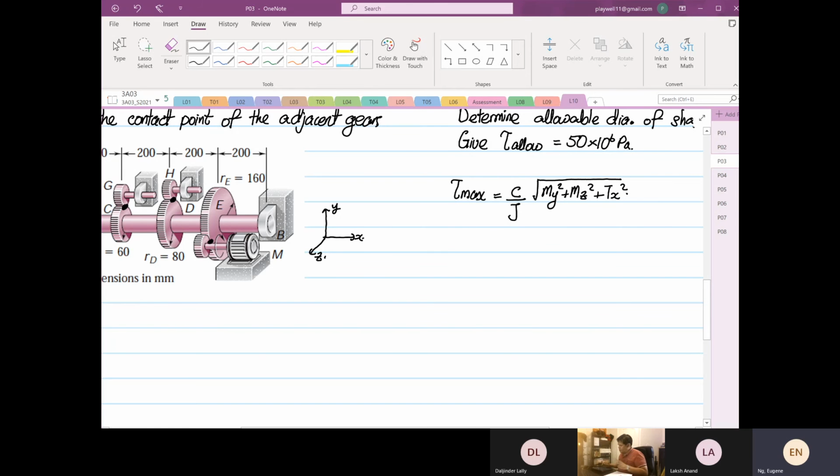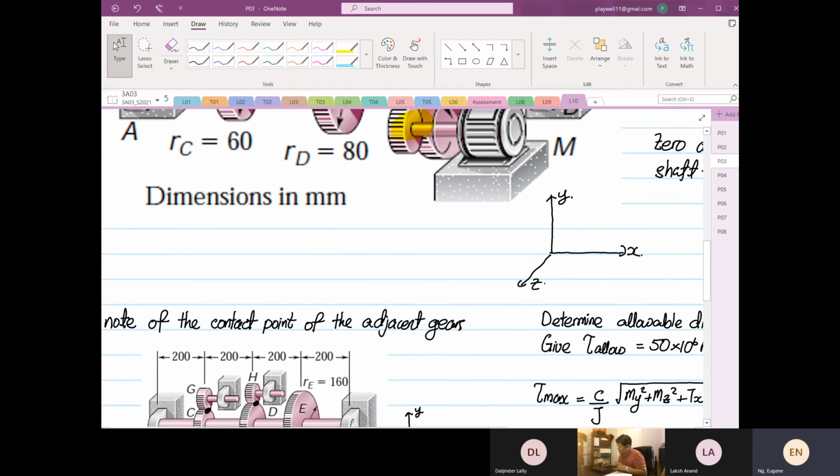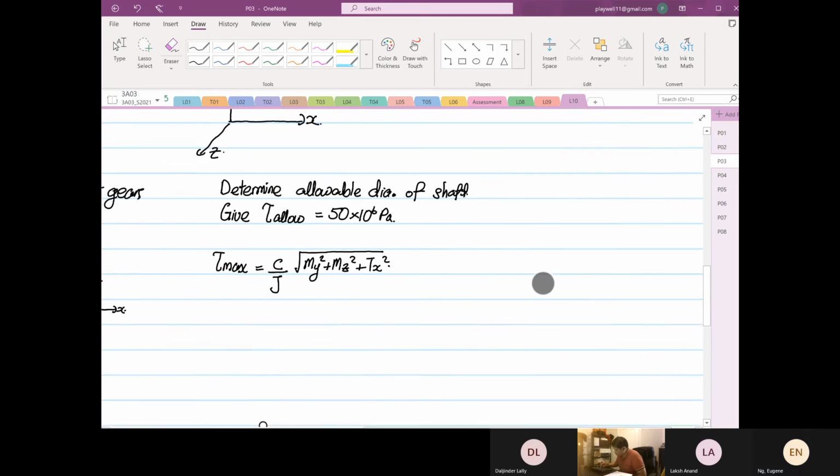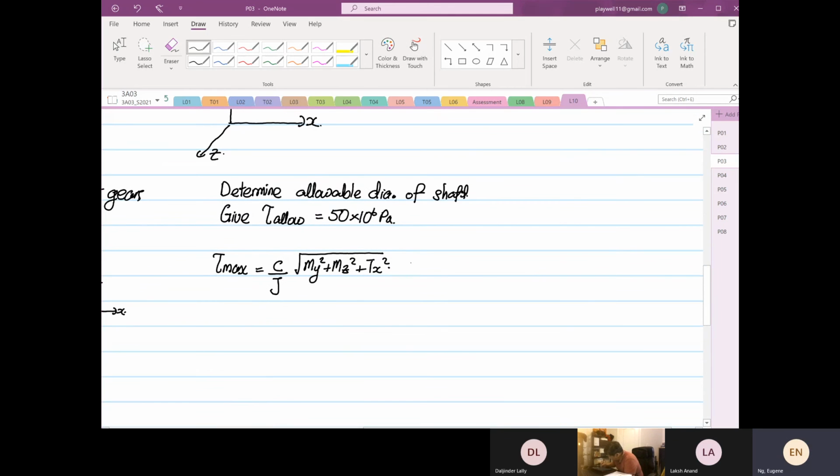And as I said, there's zero axial load applied on the shaft. Only when we know that, then we can apply this.